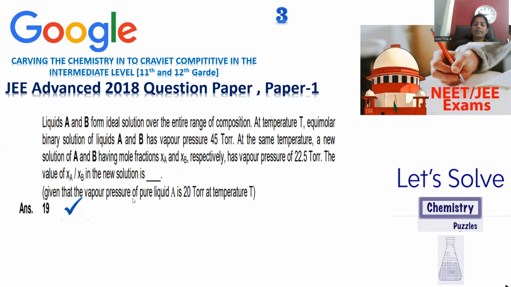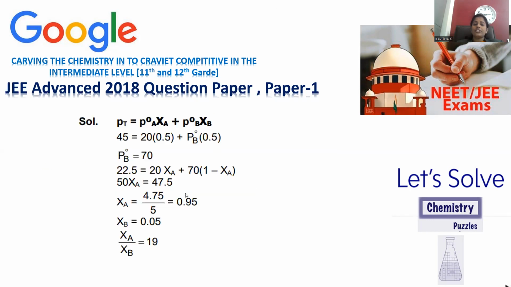Here the pure liquid A vapor pressure of 20 torr is mentioned, but the pure liquid B vapor pressure is not given. That's the reason why P naught B is to be calculated. This is the only requirement. Everything else is mentioned, right? The total pressure is given as 45, the pure liquid A vapor pressure is given as 20.